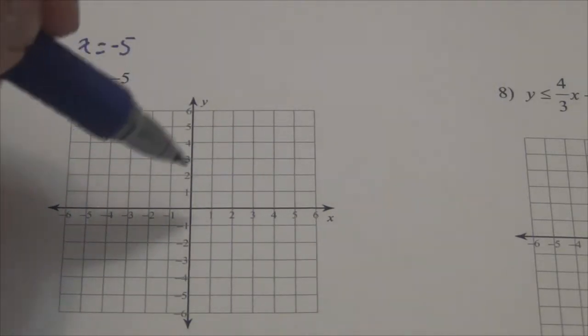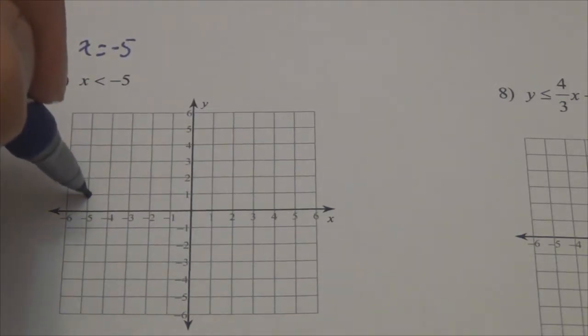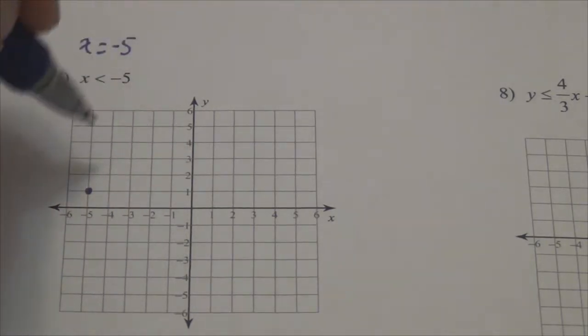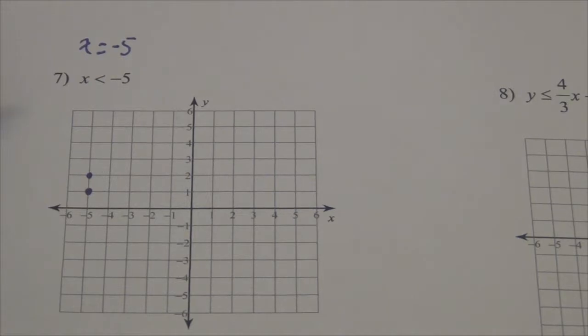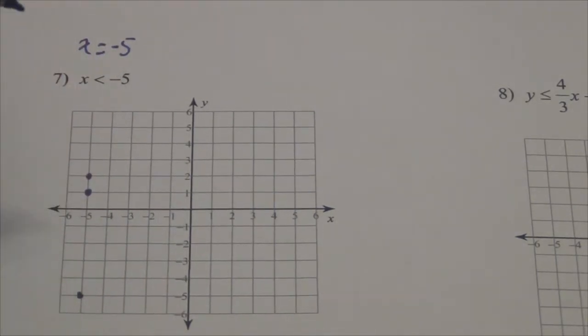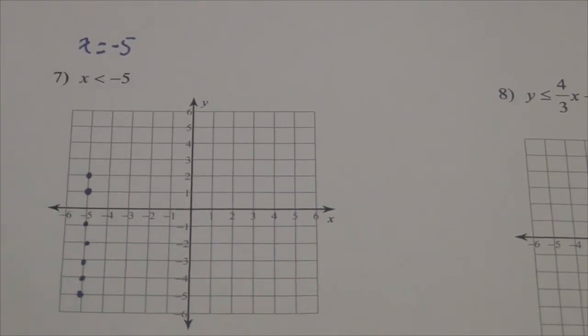If y is 1, x is going to be -5. If y is 2, x is -5. If y is -5, x is -5. You see? Always -5.